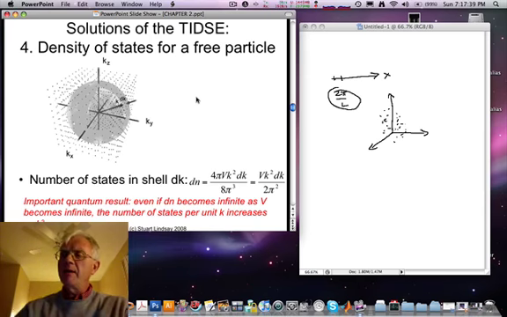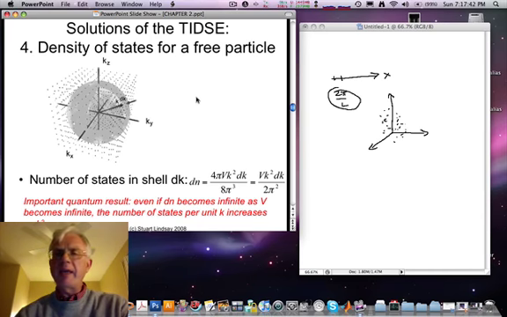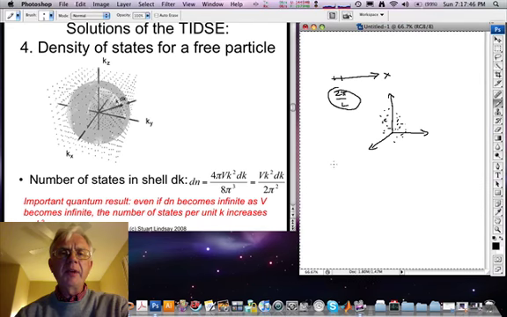So the volume between k and dk is simply given by the area of the sphere. So that's the volume of k-space between k and dk.